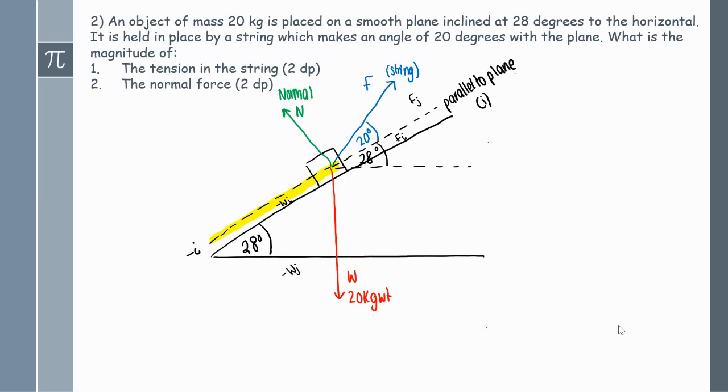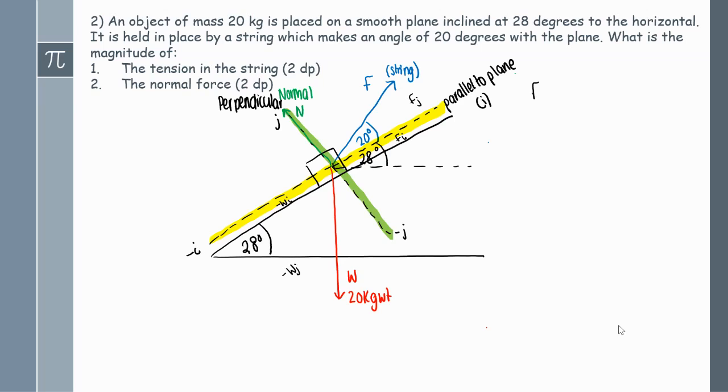We also have our normal to the plane. So remember that is like our J direction, and that corresponds to where my normal force is. It also has a positive and negative direction. So we're going to call the upward part of that J, and then the negative part of that the negative J or negative perpendicular direction.